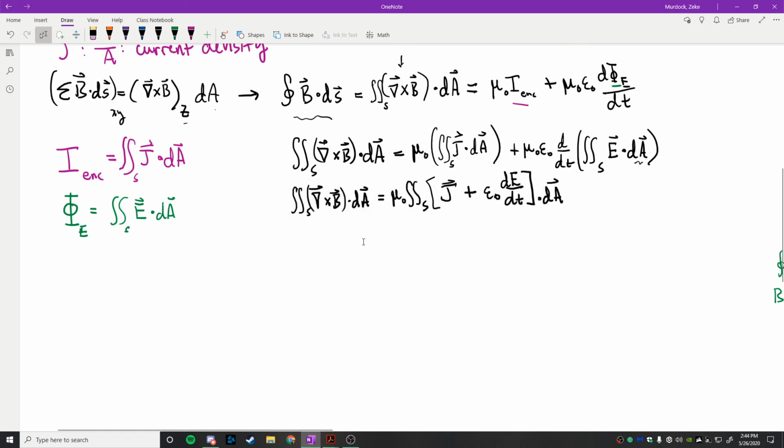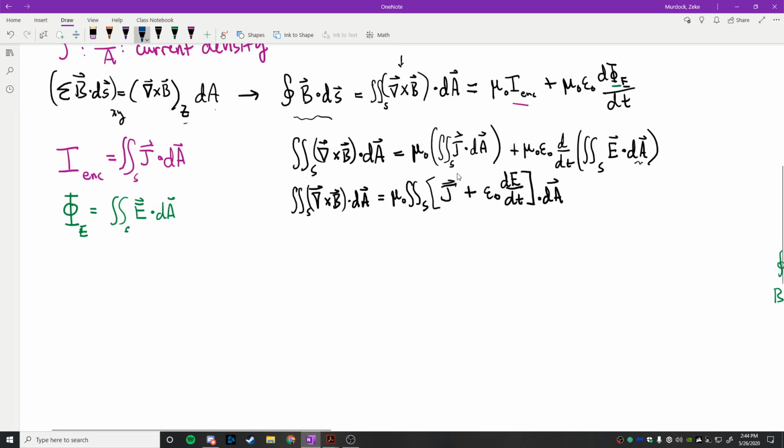Alright, so now what are we left with? What's the next line? You might notice that this is an integral with respect to dA, and this is an integral with respect to dA, and they both are over the same surface, S. So the integrand of this one and this one here should be equivalent to each other. And that's the last line.